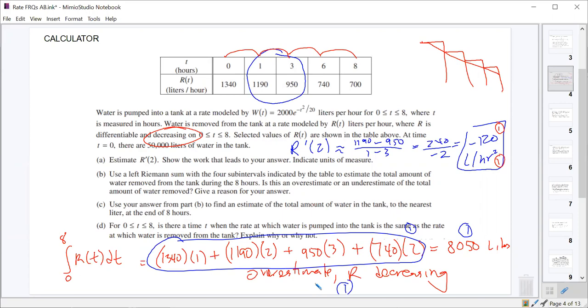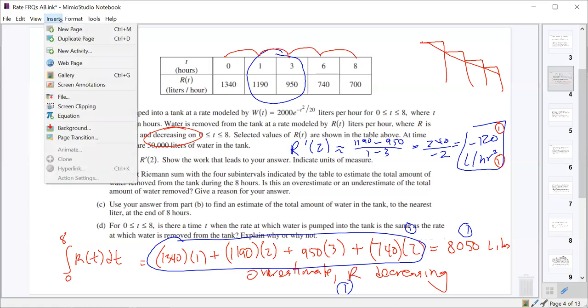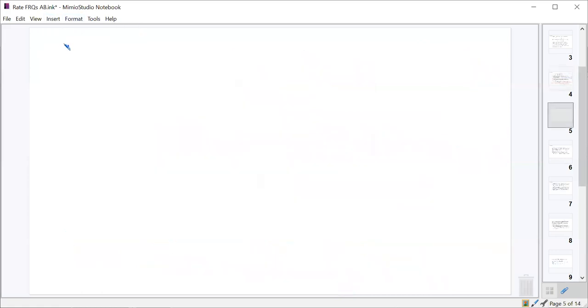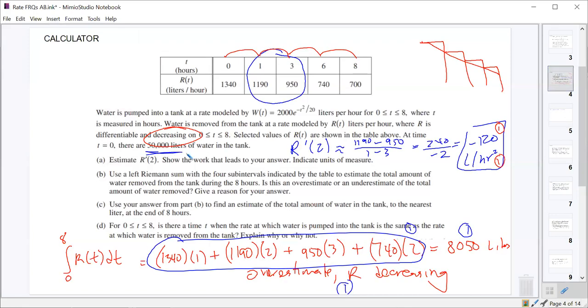All right, part C says use our answer from part B, so our 8,050, to find an estimate of the total amount of water in the tank to the nearest liter at the end of 8 hours. The total amount ought to be however much we started with, the initial, plus how much enters, minus the amount removed. Our initial amount was 50,000.